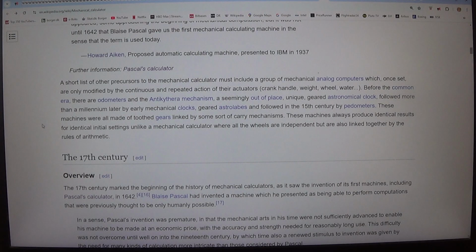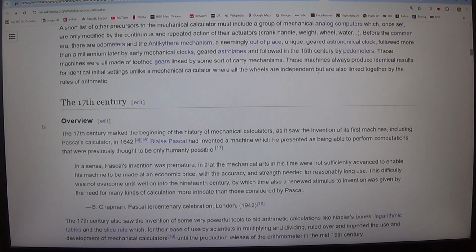Before the Common Era, there are odometers and the Antikythera mechanism, a seemingly out of place, unique, geared astronomical clock, followed more than a millennium later by early mechanical clocks, geared astrolabes, and followed in the 15th century by pedometers. These machines were all made of toothed gears linked by some sort of carry mechanisms.